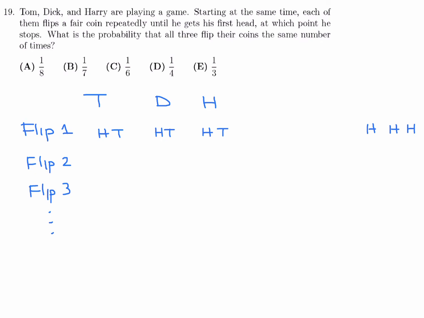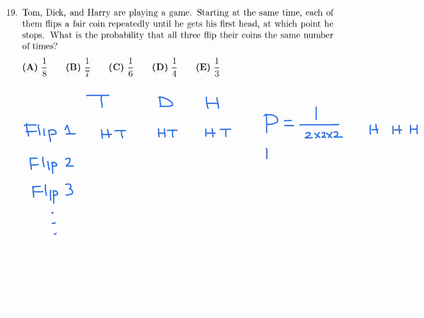Well, what is the probability of that happening? Each of them has two outcomes, so the total number of outcomes, if I were to calculate probability, is 2 times 2 times 2. This outcome only happens once, so the probability of that happening is basically 1 over 8. So that takes care of flip number 1.